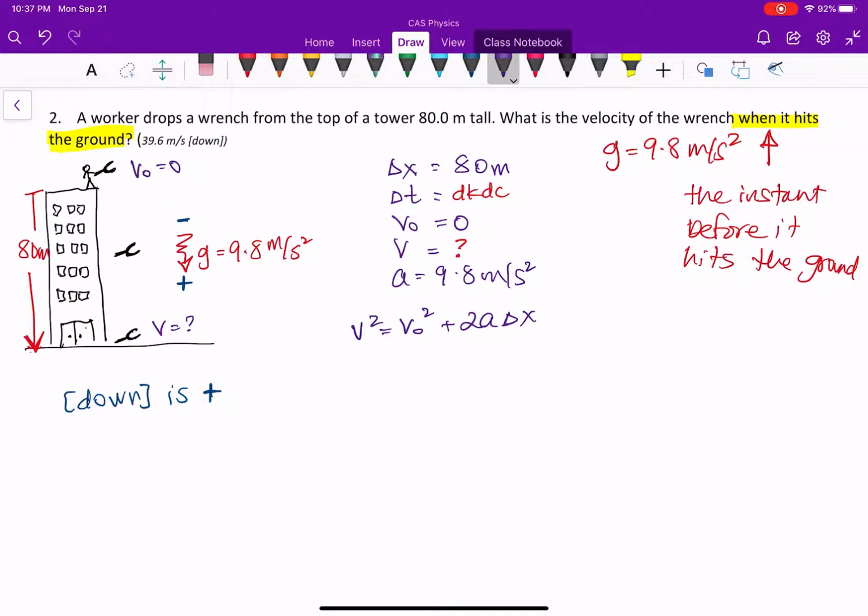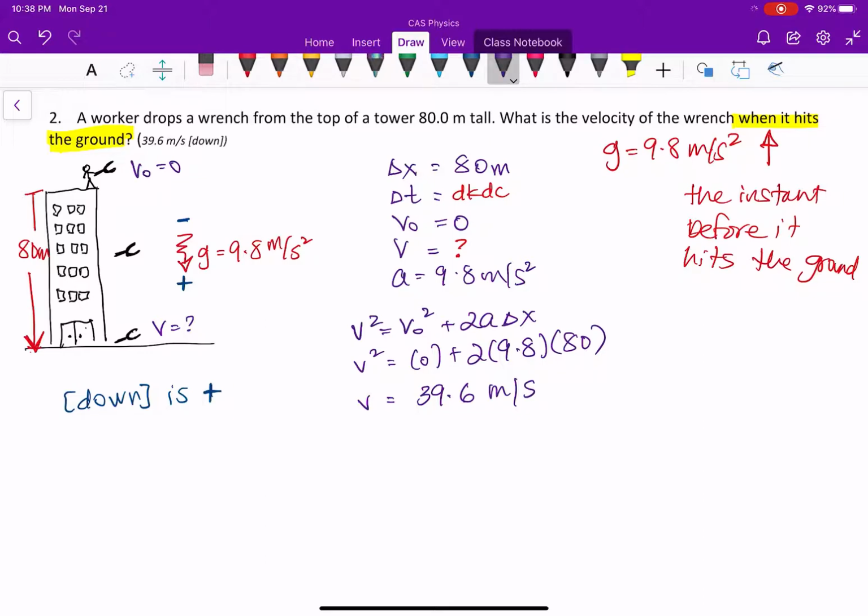And we can just solve this. So v squared equals 0 plus 2 times 9.8. Remember, a is 9.8, which is g, times 80. Okay, so then solving this for v, we get the answer of 39.6 meters per second.